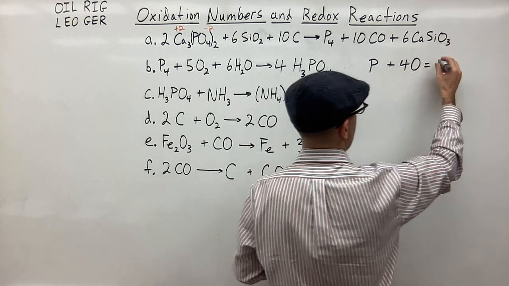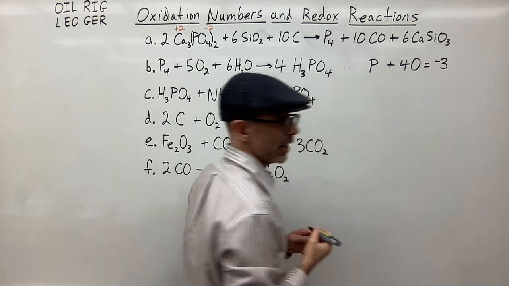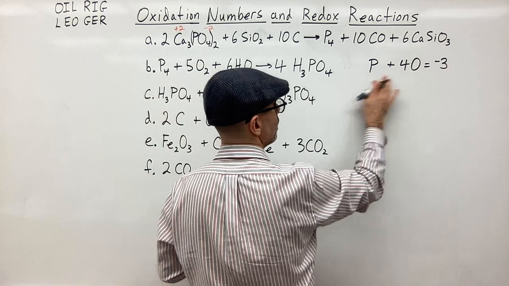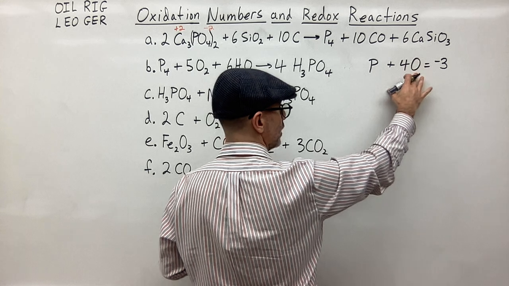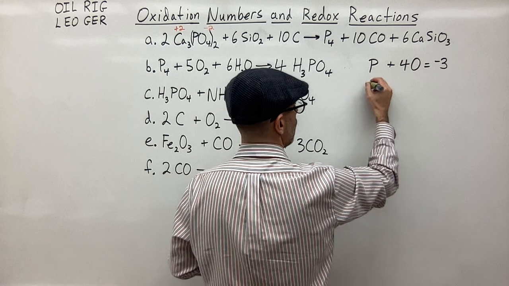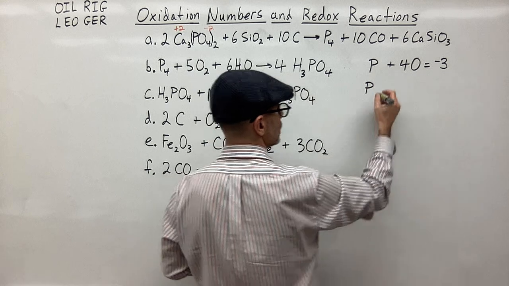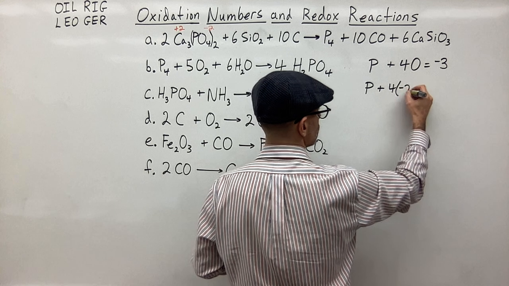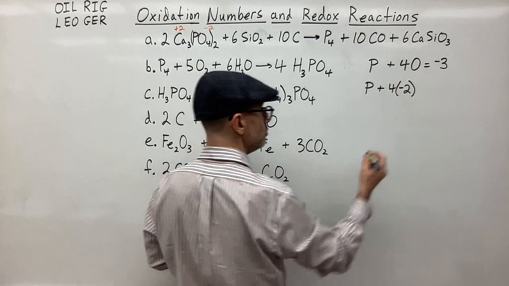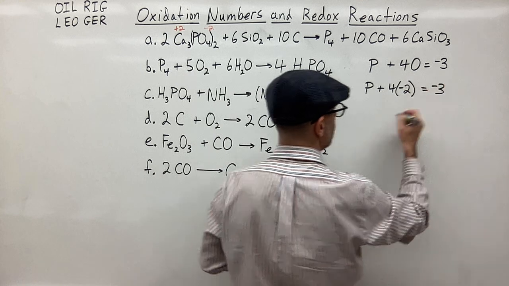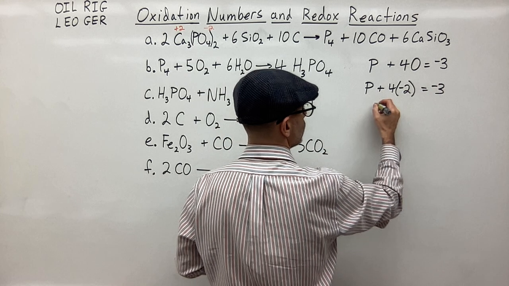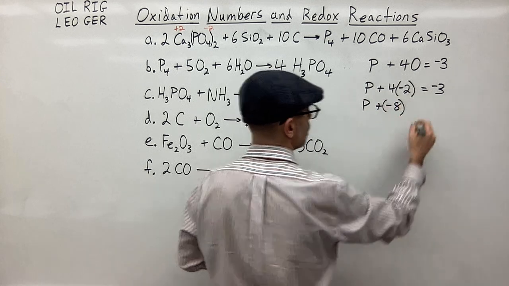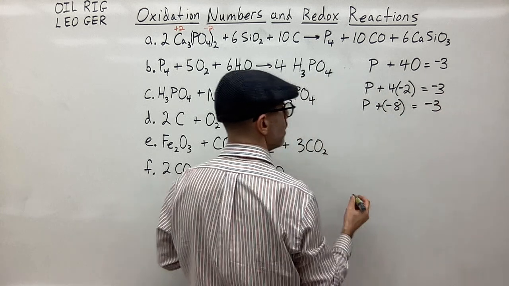These two added together have to equal -3 because that's the overall charge on the phosphate. So if I plug in the oxidation state of oxygen, that's going to be P plus 4 times -2, and that's going to be equal to -3. So now all I do is solve for P. So this is going to be P plus -8 equals -3.